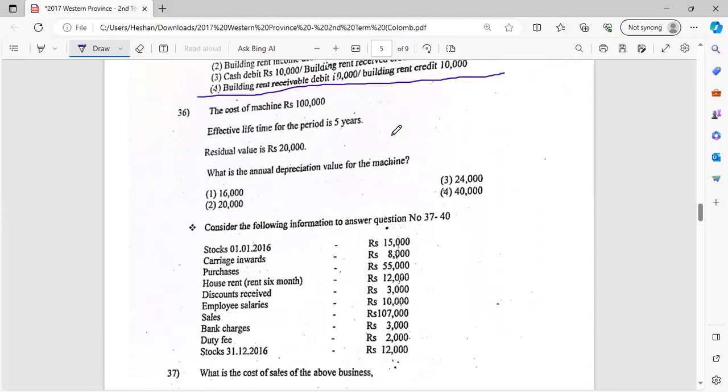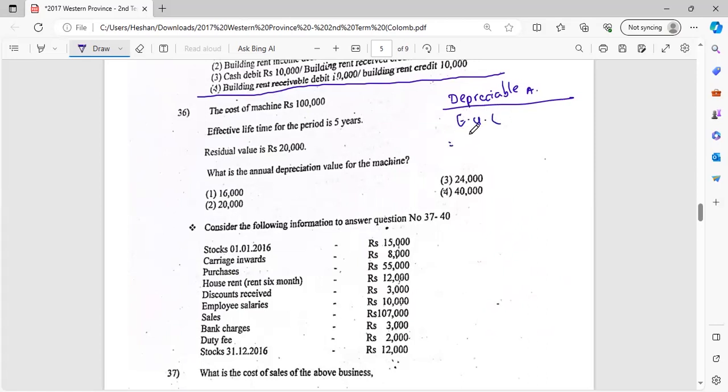The cost of the machine is rupees 100,000. The effective lifetime of the period is 5 years. The residual value, the amount we can get at the end of the time period, is 20,000. What is the annual depreciation? To calculate annual depreciation, we should get the depreciable amount, divided by the effective useful lifetime.